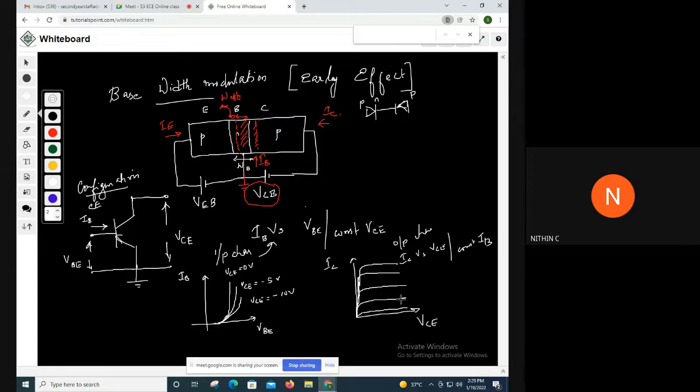This is how the graph looks, the normal case. You can draw these two graphs: input characteristics and output characteristics. This one is the input characteristic and this one is the output characteristic.